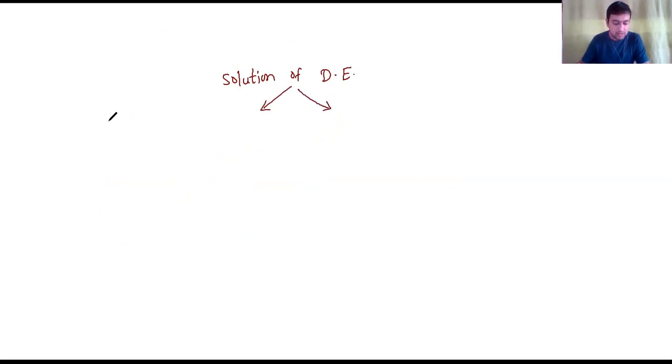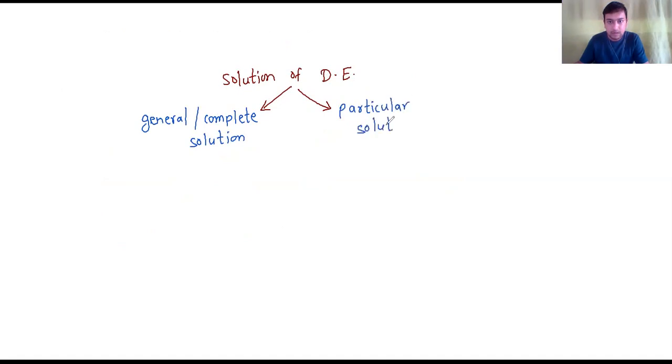The first one is called the general or complete solution, and the second type is the particular solution. Solution जो होते हैं differential equation, those are of two types: general or complete solution and particular solution.